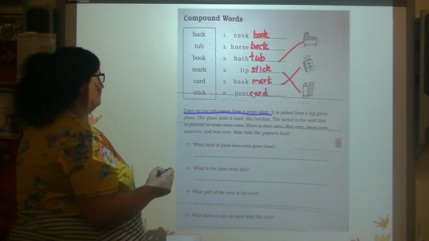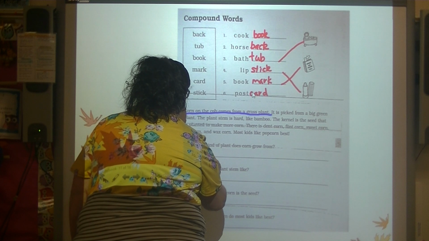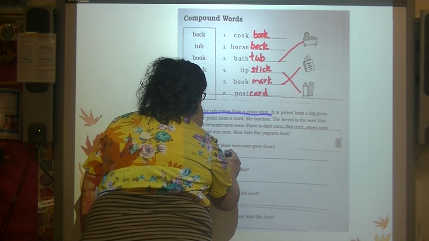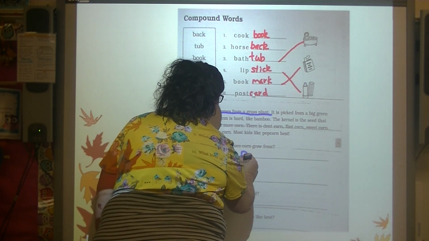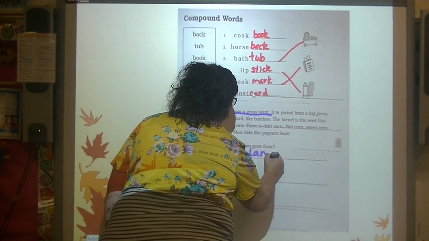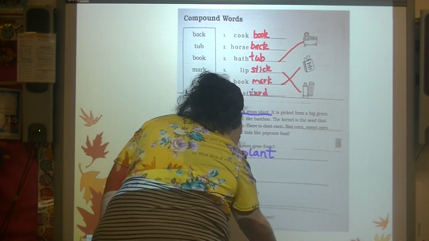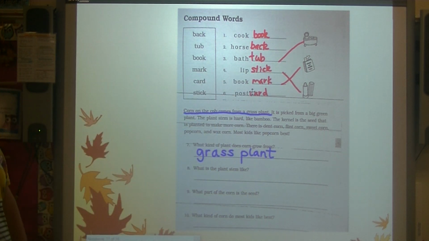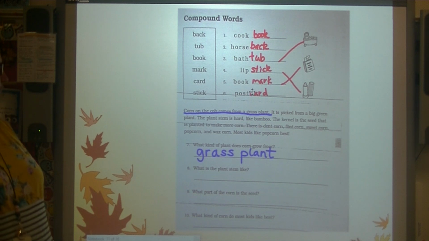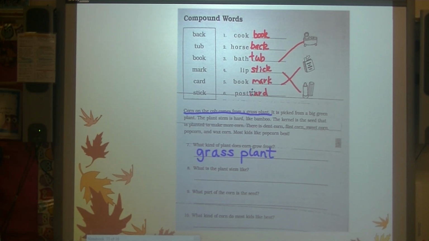A grass plant. How many of you guys knew that corn was a type of grass plant? It grew from a grass plant.